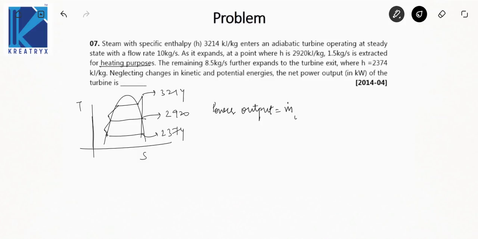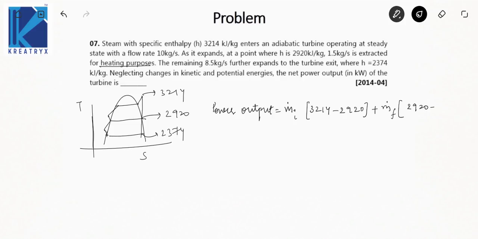So power output will be m dot initial times the enthalpy change in the first part, when 10 kg per second of steam was supplied, that is 3214 minus 2920 which is 294, plus m dot final after the steam has been extracted. 1.5 kg per second of steam has been extracted.